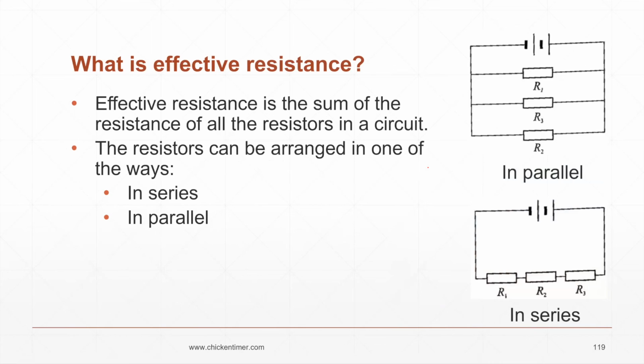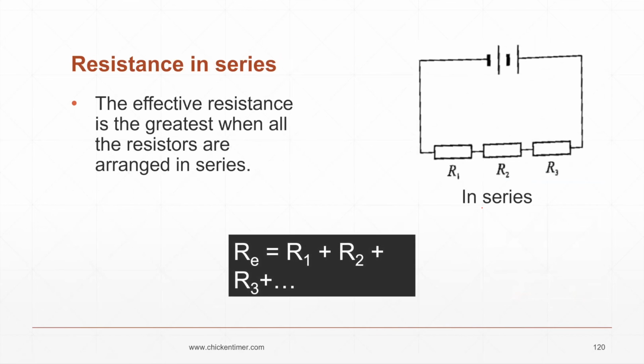Then you have the effective resistance in parallel and in series. So this is a parallel circuit. This is a series circuit. I am quite positive that you know how to differentiate them. If it's resistance in series, the effective resistance will be just R1 plus R2 plus R3.